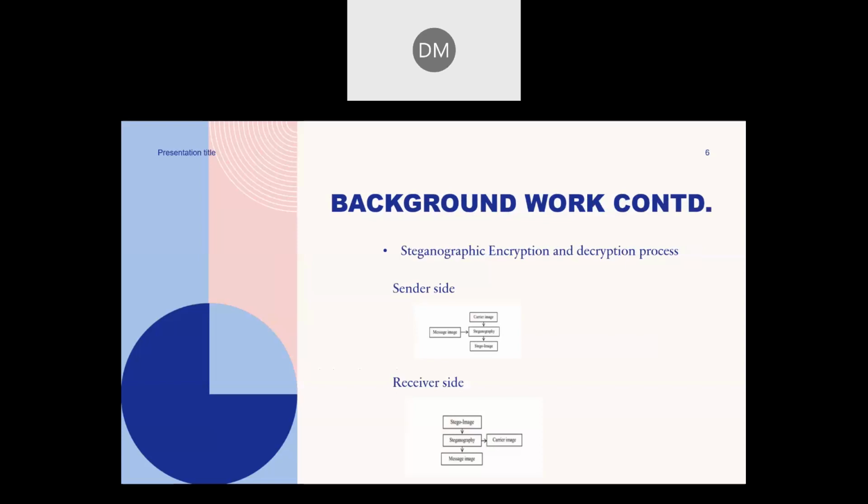For steganography, the sender puts the message in a carrier image and applies steganography, which gives the stego image. The resulting image is almost similar; you don't see any difference in the image with data or without data. On the receiver side, it is again the reverse process, just like cryptography.